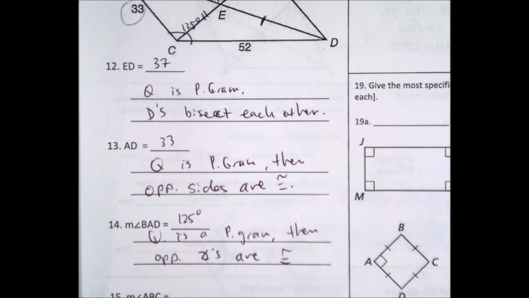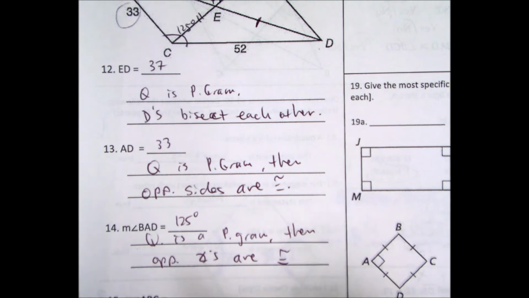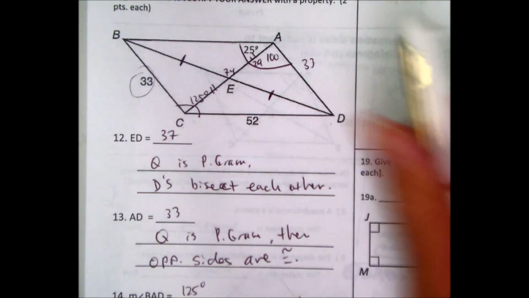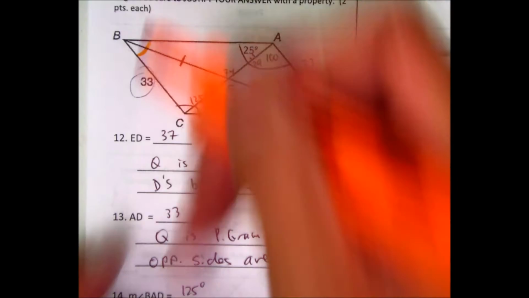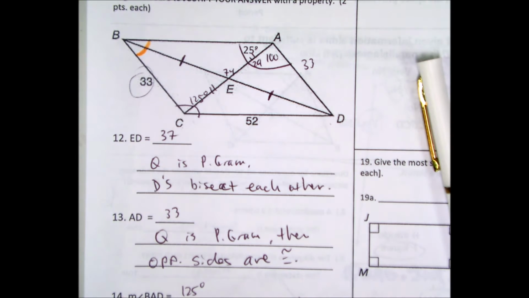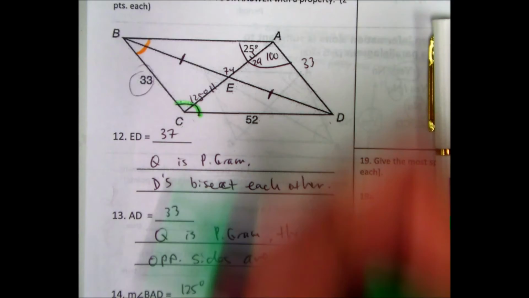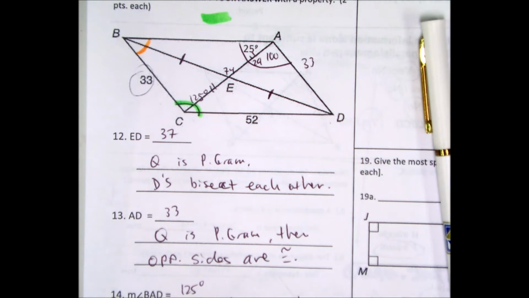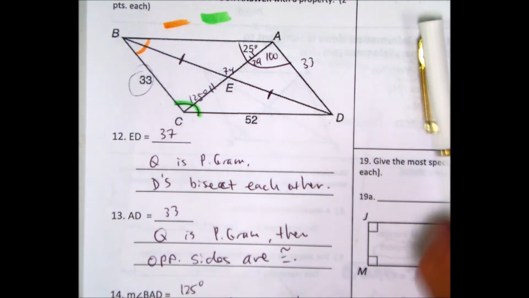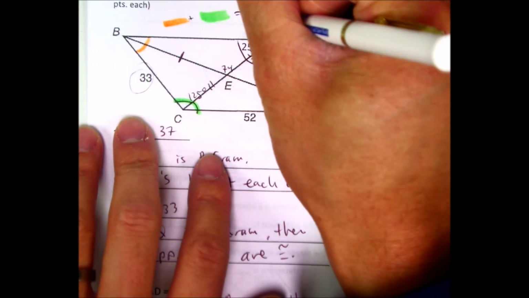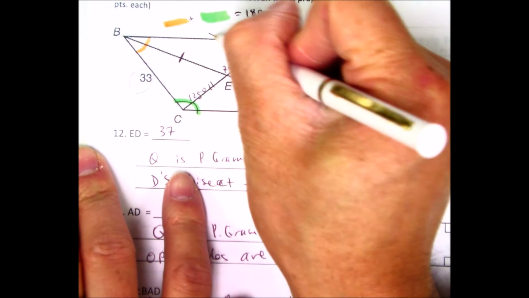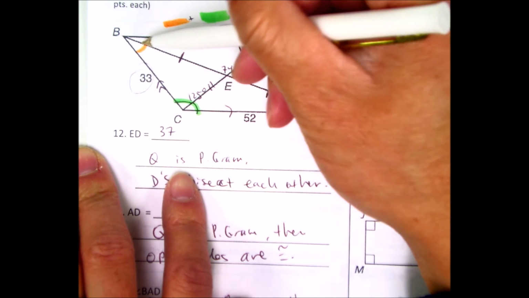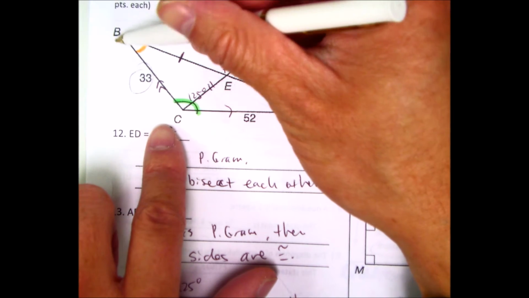Okay. Question number 15, angle ABC. They want to know something up here. I'll call it the orange one. Well, you already know that this one in green is 125, so you can just do green plus orange equals 180. I know that because it's a parallelogram and you have two sets of parallel lines. So essentially these are the parallel lines cut by the transversal.